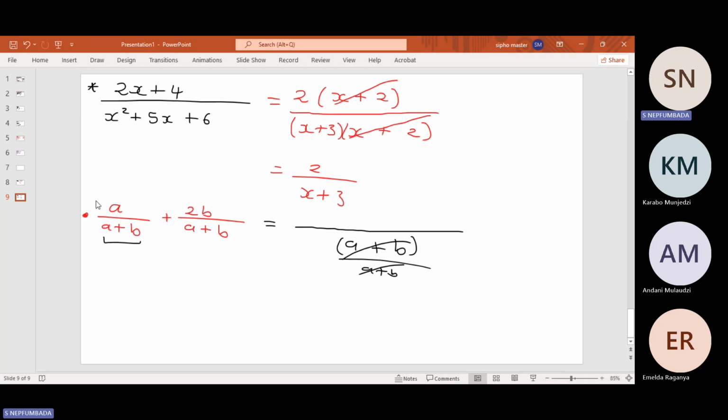So that one we're left with is going to multiply with the what? With the numerator. So now it means we're going to have 1 times a, which is a, then plus a plus b comes and divides here, we're left with 1. 1 times 2b is 2b. Then this is your final solution. Any question? No question.